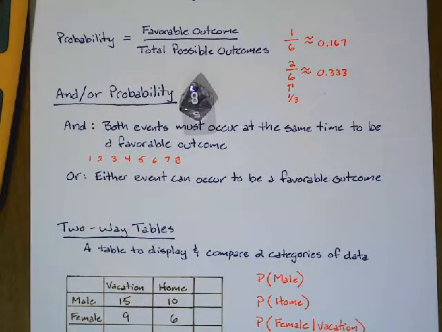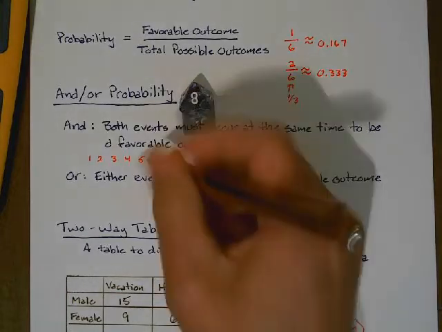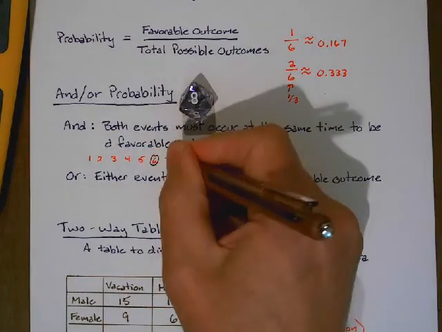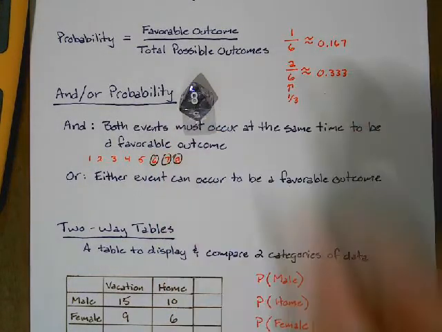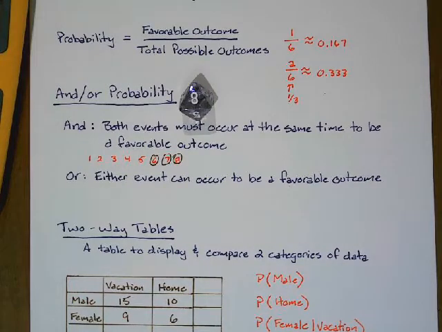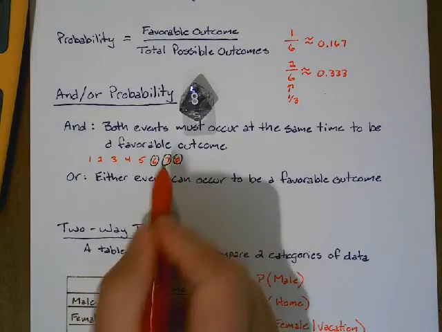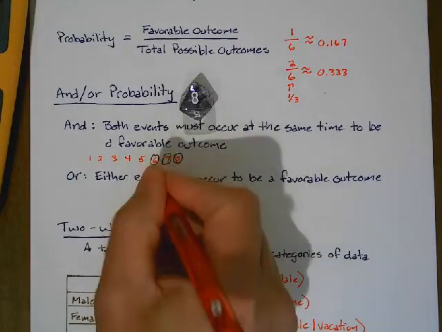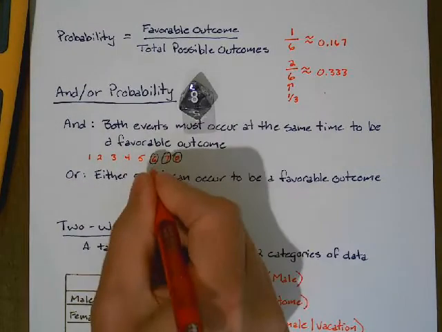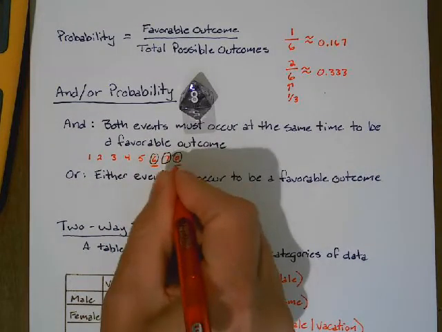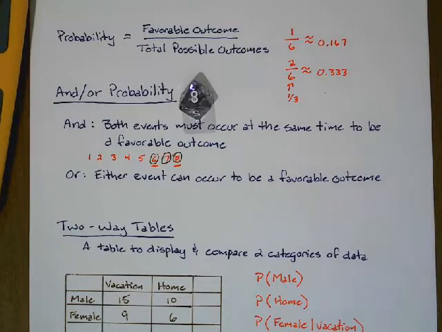I want one of the numbers greater than 5. So greater than 5 would be 6, 7, and 8. And what if I also wanted the even numbers? So there's 3 that are greater than 5, but of those 3, only 2 of them are even numbers. So the 6 and the 8 would be the only ones that satisfy both of those terms.